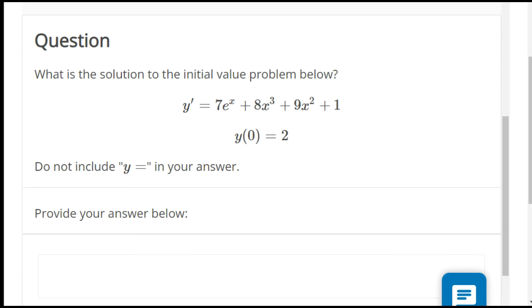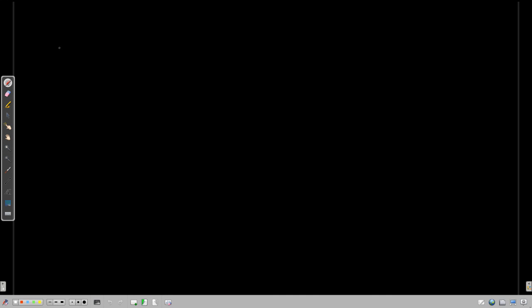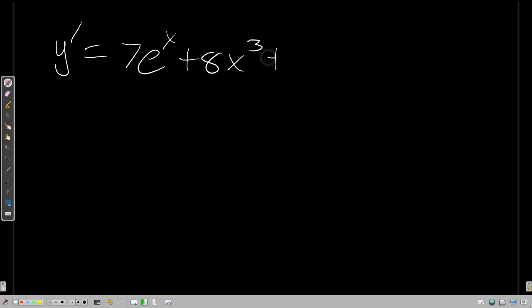Oh boy, maybe this is the last one. I wonder if I could do this in my head. So I know when I integrate both sides, I'm gonna have a 7e to the x. Nah, I'm not gonna do it in my head. Y prime is 7e to the x plus 8x cubed plus 9x squared plus 1.